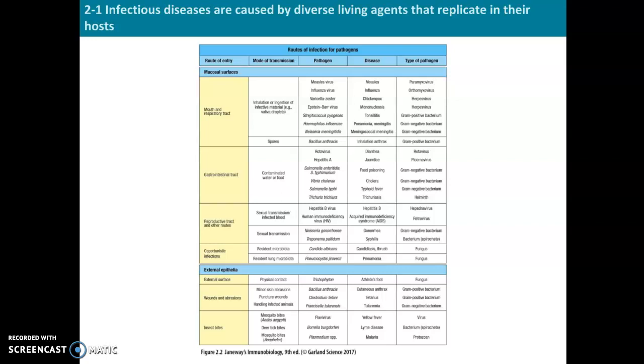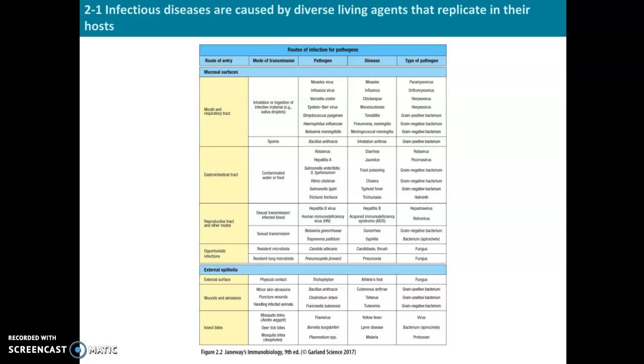Salmonella typhi causes typhoid fever. Salmonella very often causes food poisoning. Cholera causes cholera.